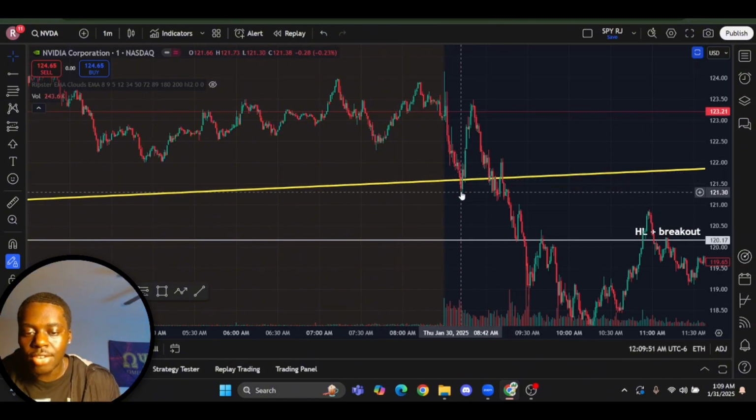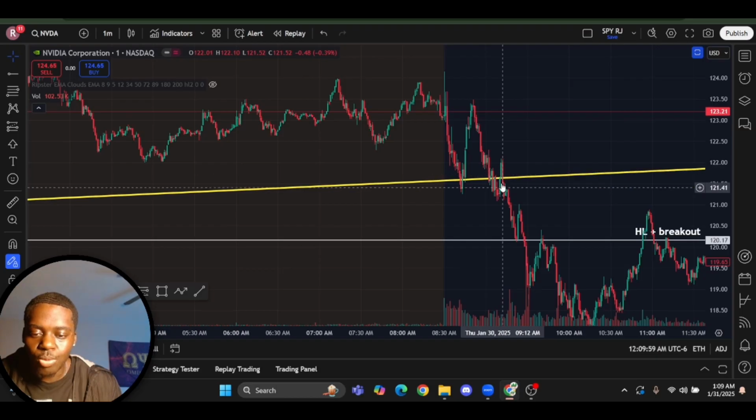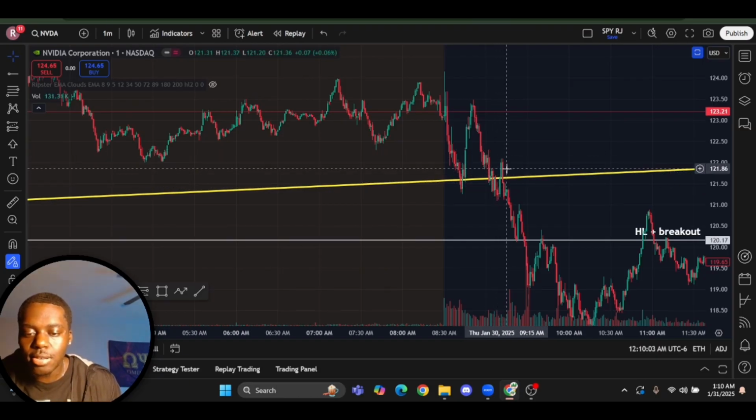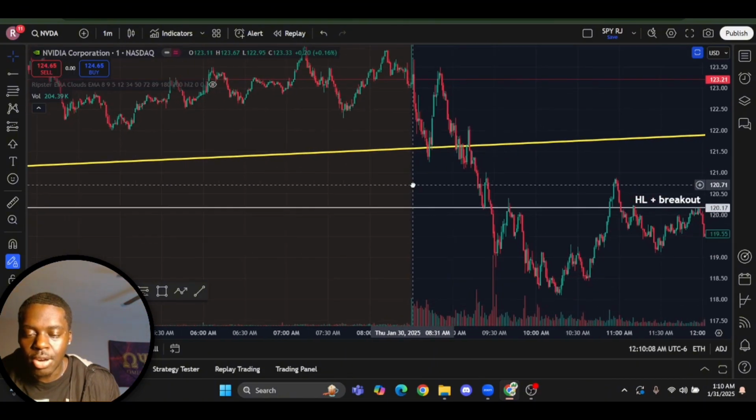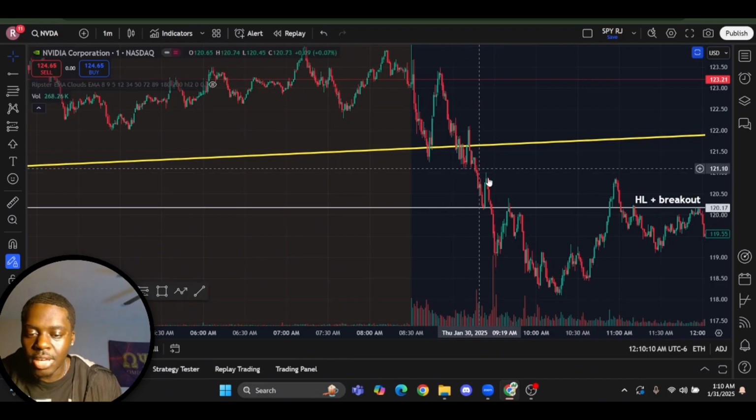So this trend line actually got retested here and got bought back up, retested again, and failed. So this is where our drop really started, right here. So when I noticed that we were breaking down, all right, I was like, okay, eyes on Nvidia, all right? So I was just looking for an entry.